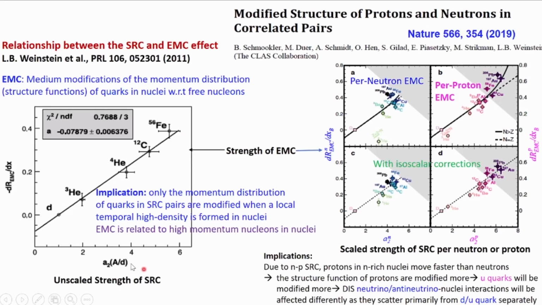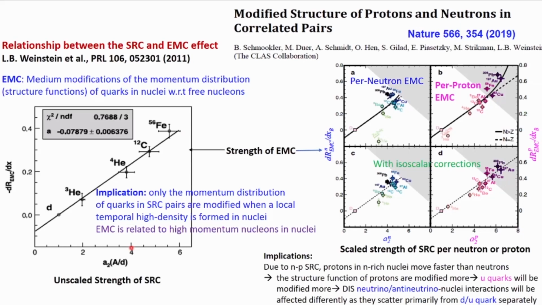This indicates that the quark distribution is not modified in all nucleons, but only the quark distribution in the short-range correlated nucleons is modified. Namely, when nucleons are moving inside a nucleus, normally the quark distribution in those nucleons is the same as in a free nucleon.